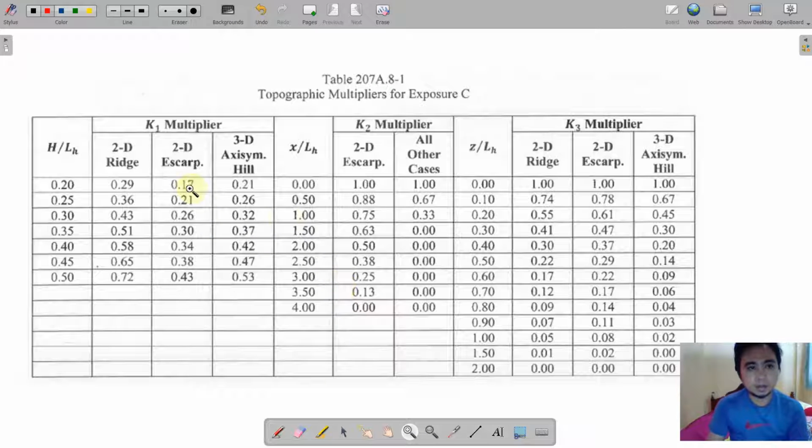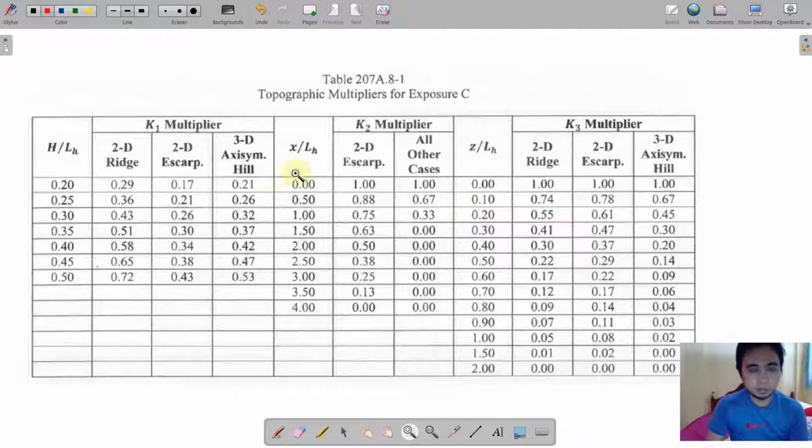The K1 multiplier is dependent on the value of H over LH. X is along the X direction, Z is along the Z direction. Kasi nga ito, it entails 3D or 2D escarpment considerations. Okay, so these are the values.